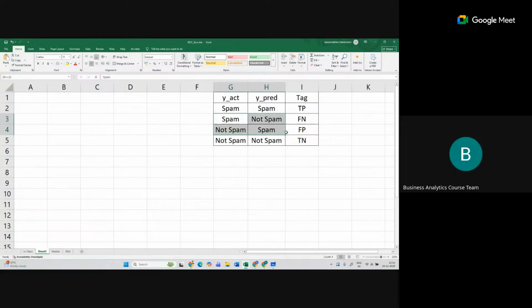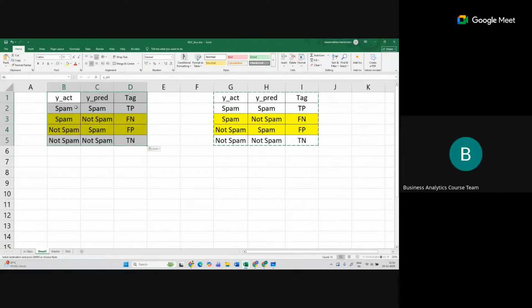Okay. So let us understand these two in detail. Which is more dangerous in this case? Think about it and tell me which is more dangerous. Sir, which is not actually spam, but it is predicted as spam. False positive. What is false positive?